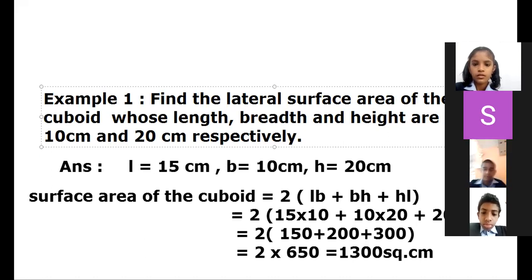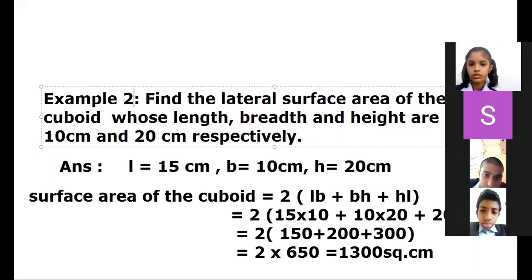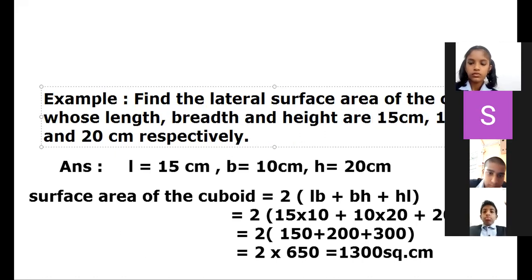Should I continue example 1 below? After example 1, you should leave space to write the derivation for the lateral surface area. After that, you can write it as an example. Please write it fast.